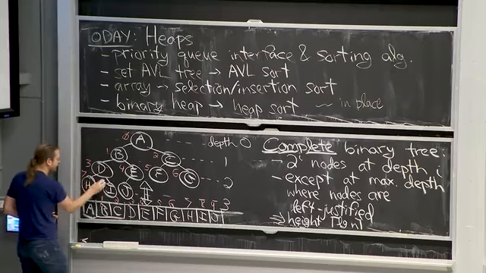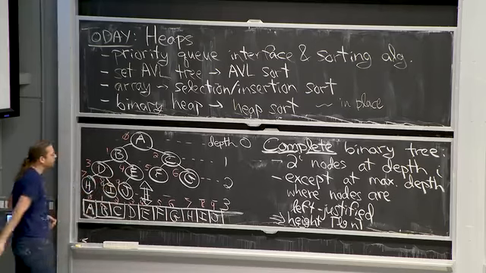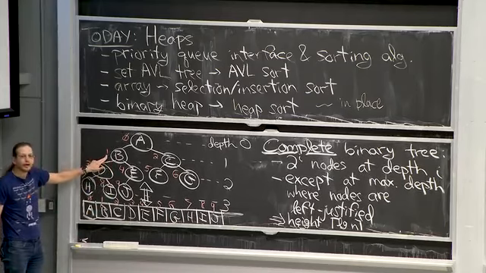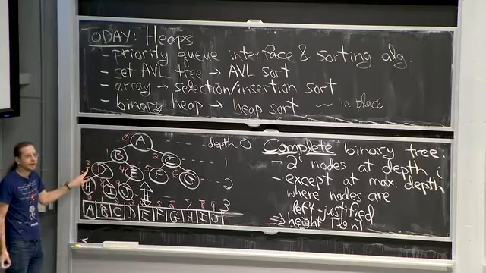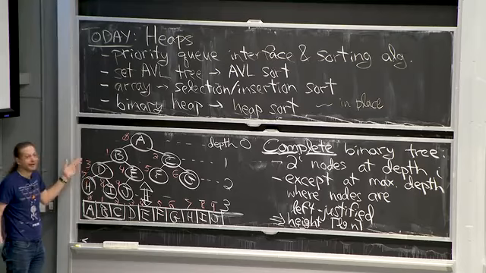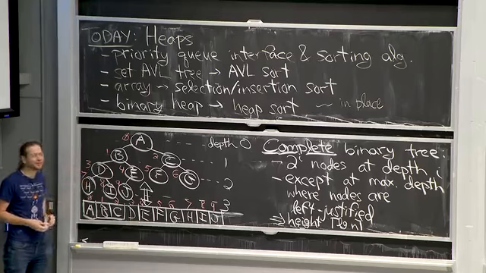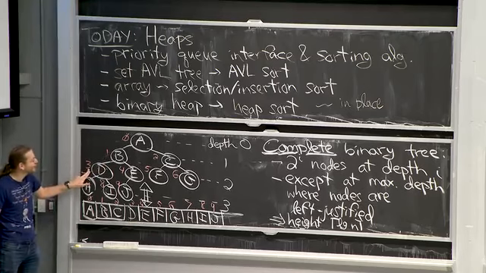But once I have this labeling, it's going to be a lot easier to figure things out. So if I wanted to know the left child of B is D, somehow, given the number 1, I want to compute the number 3. Add 2. Multiply by 3. There are all sorts of operations that take 1 and turn it into 3. But there's only one that's going to work in all cases.